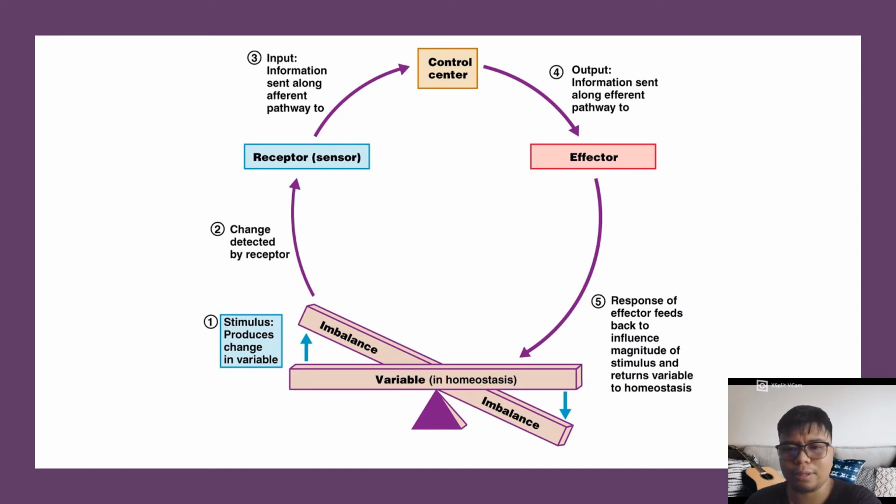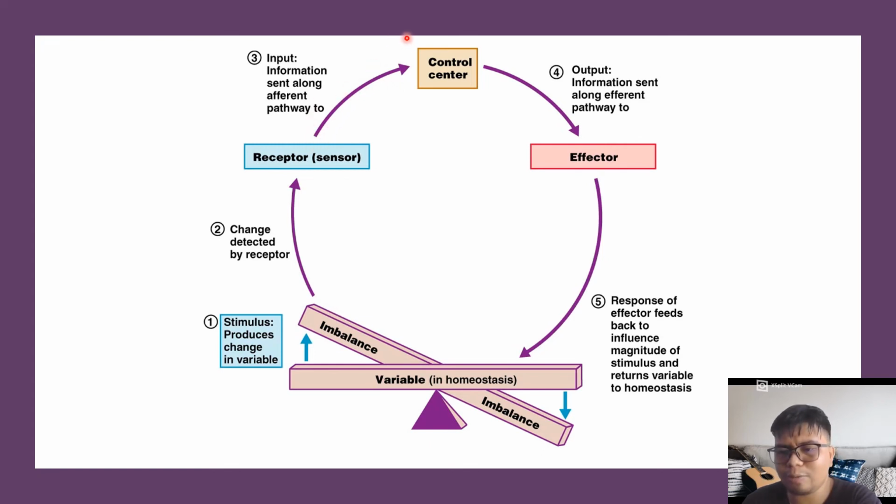Now, let's review what we've discussed in the previous slide. First, we have the variable here. A stimulus will trigger a change in the variable. It could be an increase or decrease. Now the change will be detected by the receptor, that is your neurons of the peripheral nervous system. The information will be input, so it will be sent along the afferent pathway.